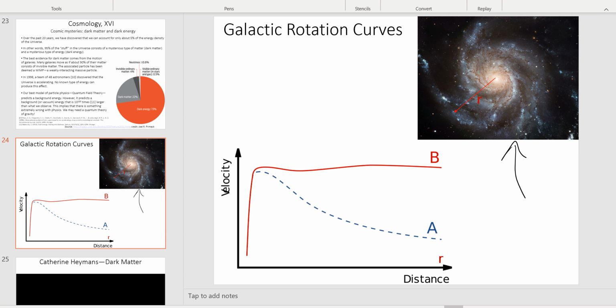What we can do is predict, by measuring the mass distribution in the galaxy, how fast some star, let's say this star here, should be traveling around the center of the galaxy. Remember, this is a spiral galaxy, so the stars in it will rotate around the center.